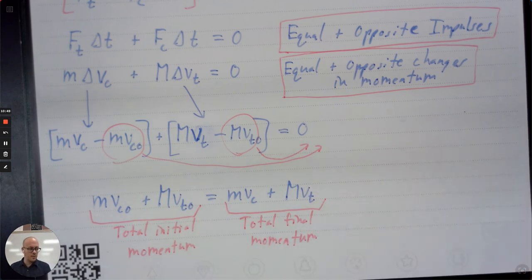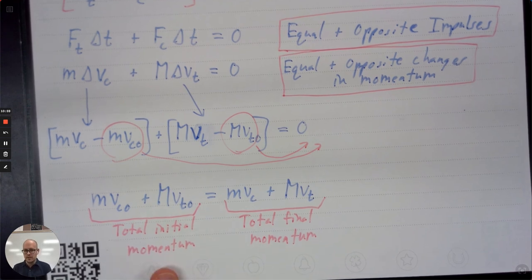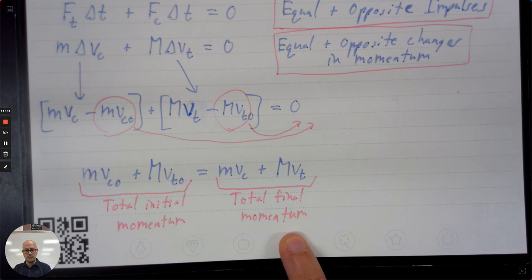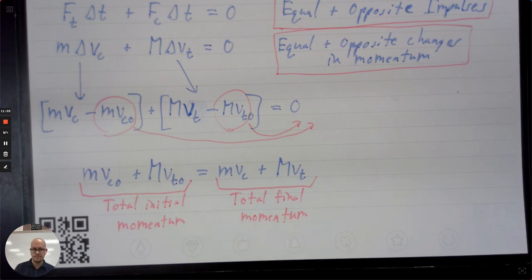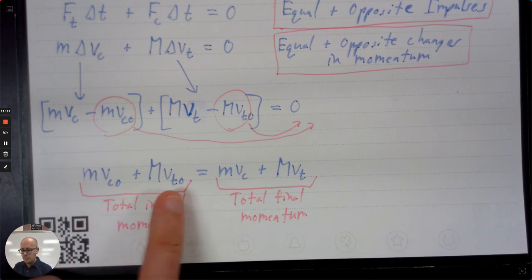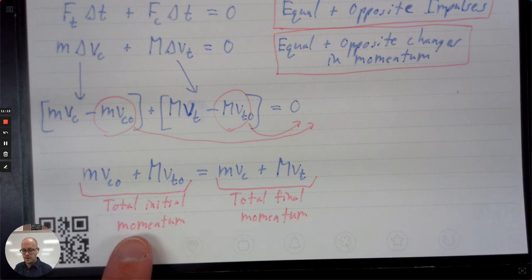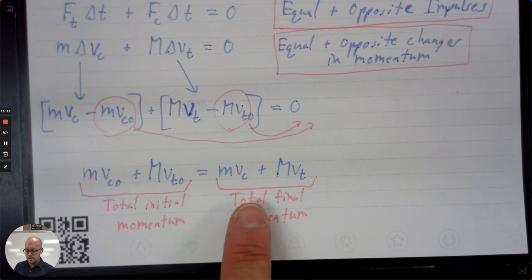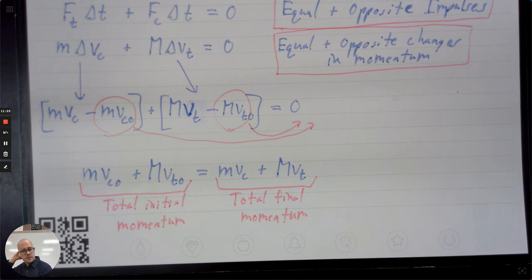So we see an equation that presents similar ideas to conservation of energy. With conservation of energy, we had the initial mechanical energy, which was the total initial energy, equaling the final mechanical energy, which was the total final energy. And so now we have this idea that if our system includes two objects, if I add up their initial momenta before something happens and add up their final momenta after something happens, they will be equal. And so this is the idea of conservation of momentum.